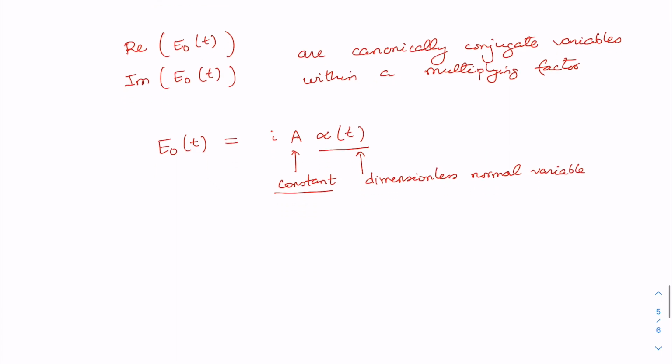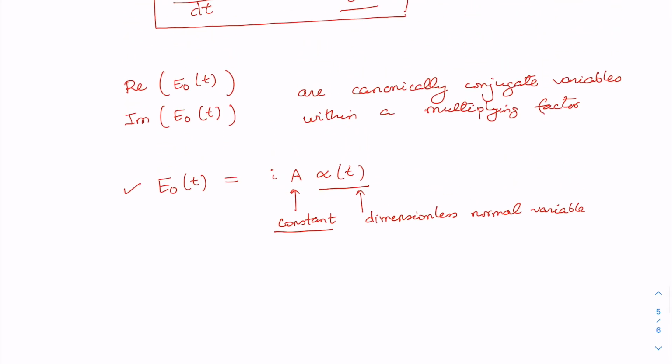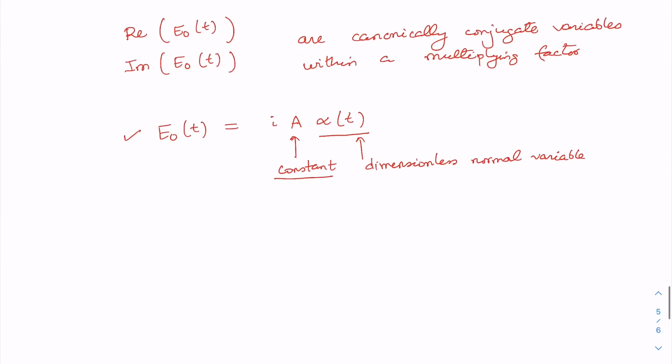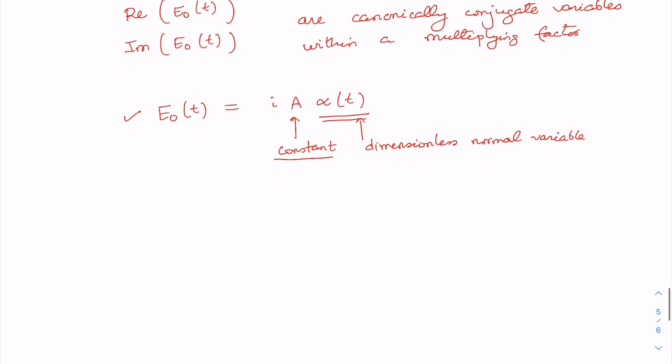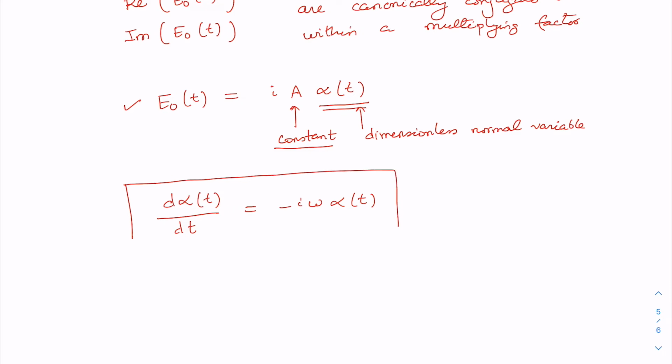We are going to determine this constant later on. Clearly, because E0 of t satisfies these equations, alpha of t, this dimensionless normal variable, also satisfies the equation d alpha t dt is equal to minus I omega alpha of t.